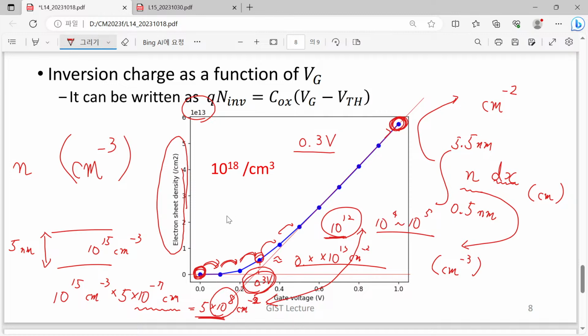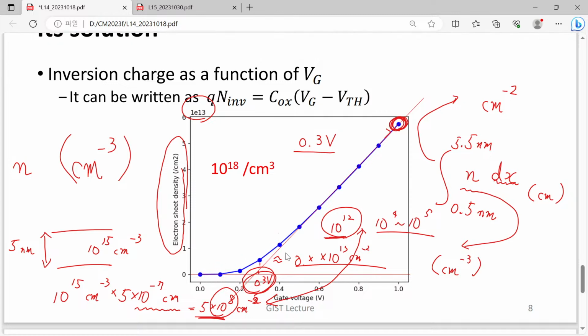Okay, that is the beauty of this MOS system. Using a very small change in your applied gate voltage, you can easily modulate the number of electrons you have in your system.